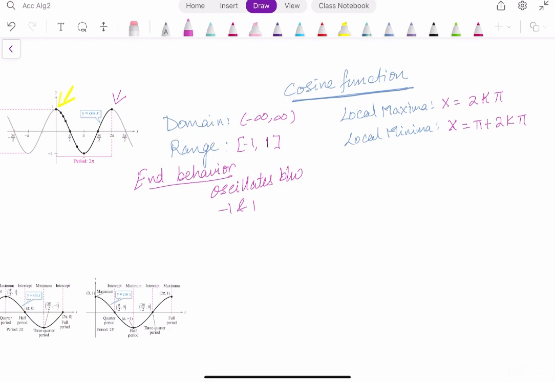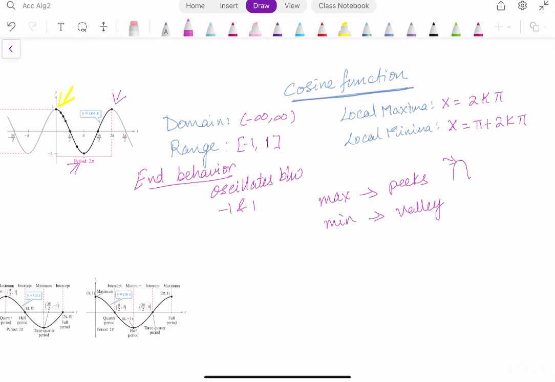Local minima will happen at pi, because on the unit circle at pi we are getting negative 1, and plus any other repeated cycles. So again, for understanding, max is nothing but the peak or the mountain peak, right?